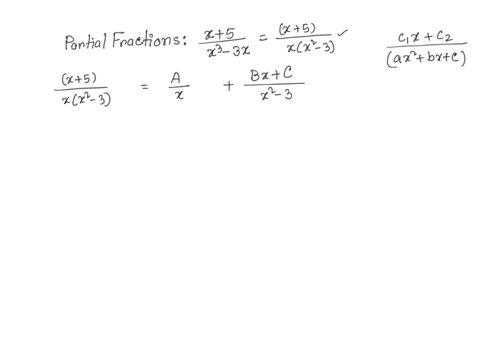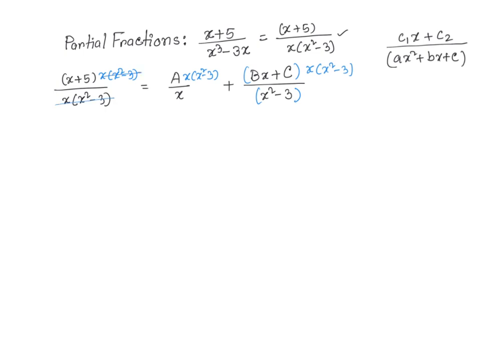All right, so let's go ahead and multiply both sides of this equation by x times x squared minus 3. Now cancellation will happen.